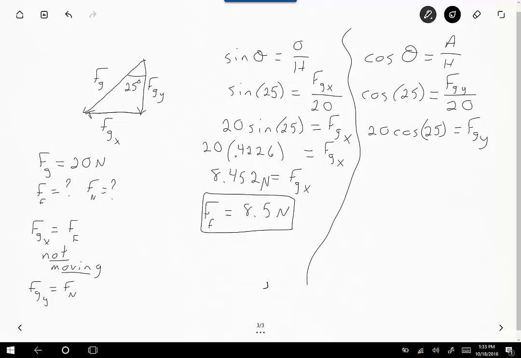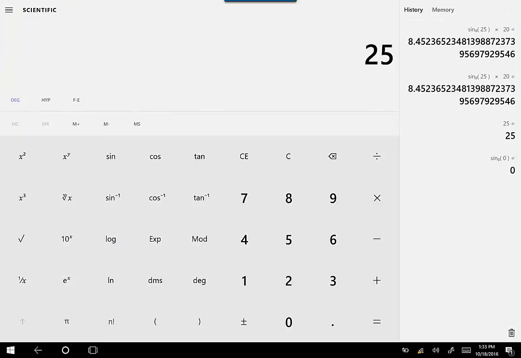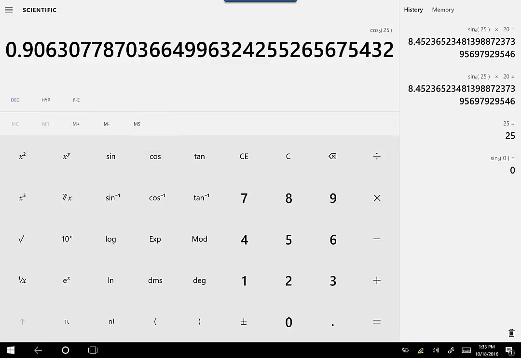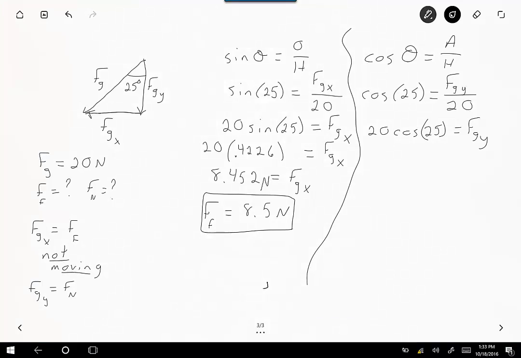So if I go back to my calculator again and look at cosine of 25, I get 0.9063. So 20 times 0.9063. And notice that I keep a lot more digits while I'm calculating than I do at the end. And that's always a good idea because otherwise you end up rounding way too much.